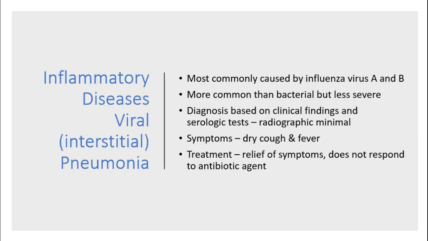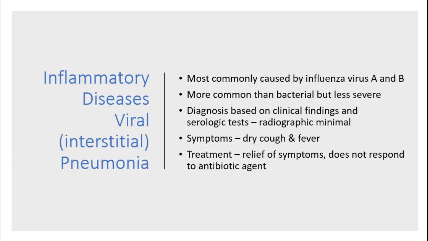All right, viral interstitial pneumonia, most commonly caused by influenza virus A and B, more common than bacteria but less severe. So it's more common but less severe. Diagnosis based on clinical findings and serology tests. We don't do a lot of radiography for this.